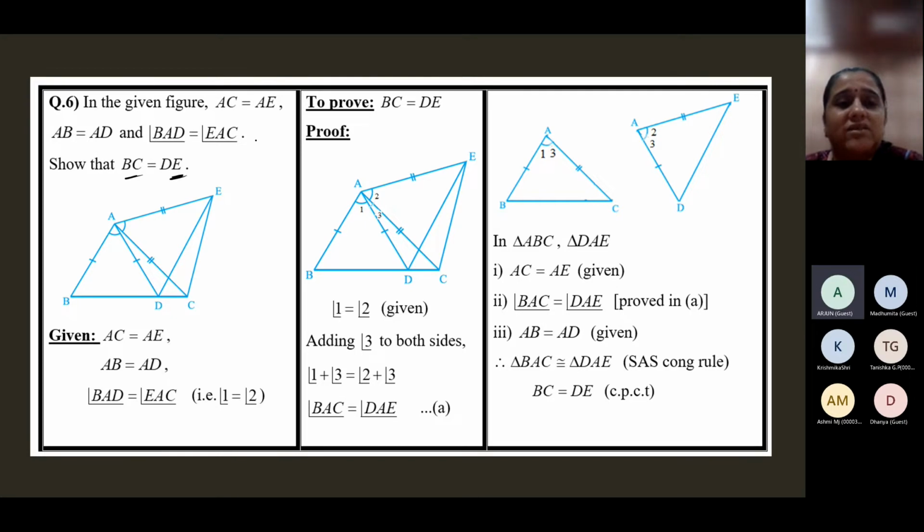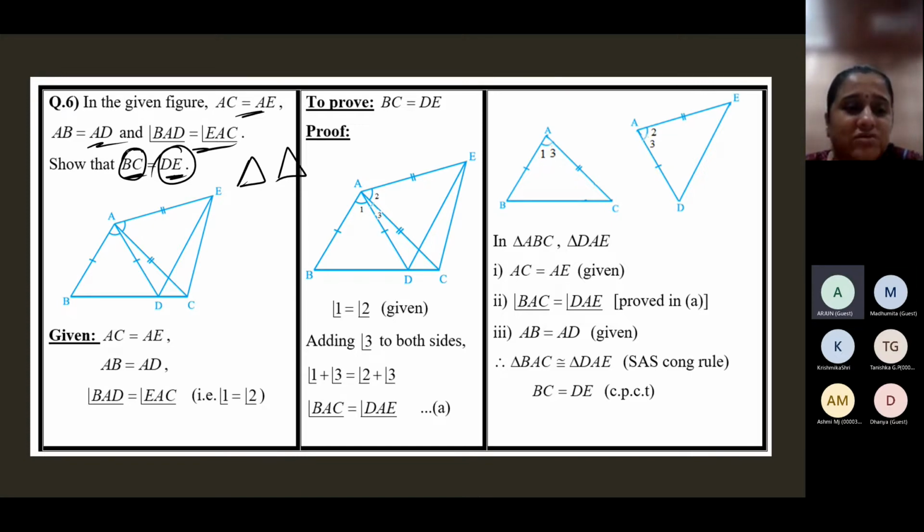How do you show that these two sides are equal? You must prove that some two triangles are congruent to each other. When the triangles are congruent, their corresponding sides are equal. So here the triangles are not mentioned. We don't know which two triangles we have to take and show are congruent to one another. But we have to show that BC is equal to DE. So you must take up one triangle which has BC as a side and another triangle which has DE as a side.